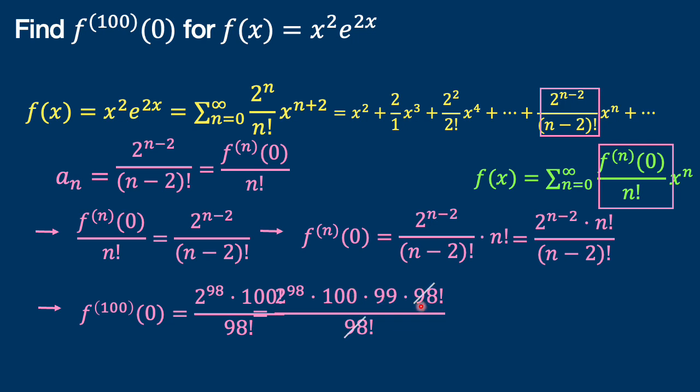The 98 factorial cancels out, leaving 100 times 99, which is 9900, times 2 to the 98. So we find the 100th derivative at 0 by using the Maclaurin series.